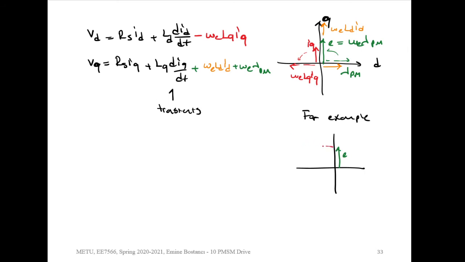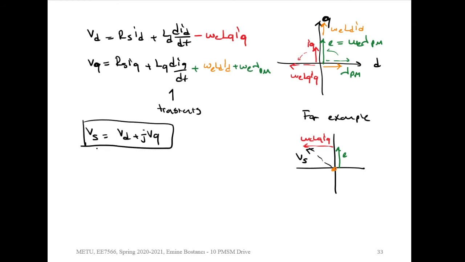This is going to be omega E LQ IQ. And for ID being 0, this is going to be the phase voltage, Vs, and Vs is going to be VD plus J VQ.